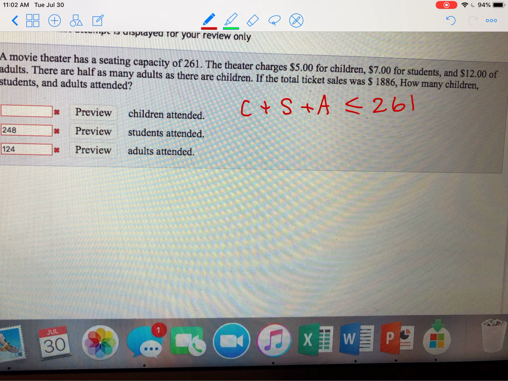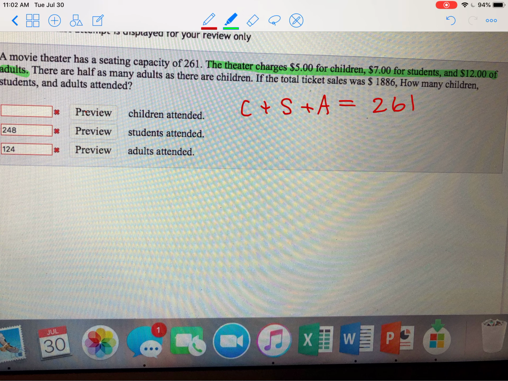But for the sake of being linear equations, let's go ahead and put that at equals 261 to get the theater at capacity. And then we also know that the charges for the tickets are going to end up giving us another equation later on.